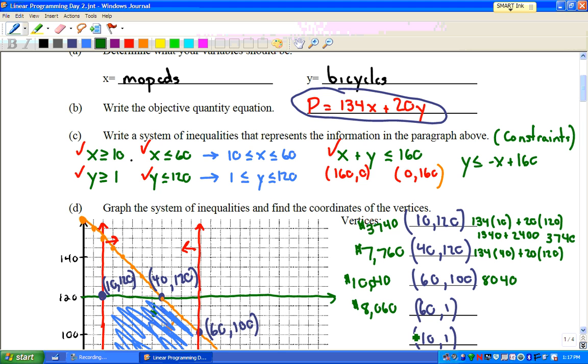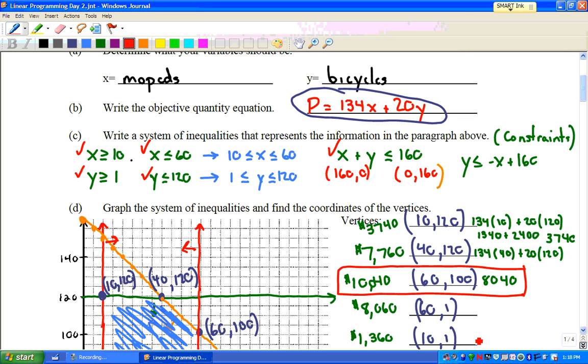And then this one would give us 134 times 10, plus 20. We're going to get $1,360 for that one. Let me check this one again. 40 times 134, plus 120 times 20. Yeah, 7,760. So, max right here.